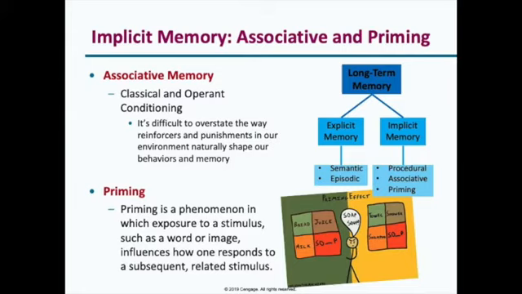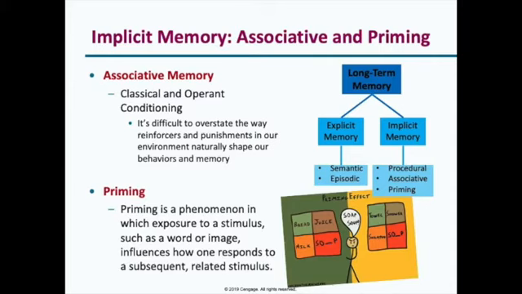It's thought to occur when particular mental representations or associations are activated before a person carries out an action or task. For example, a person who sees the word doctor will be faster to recognize the word nurse than he will be to recognize an unrelated word, because the concepts of doctor and nurse are closely related.